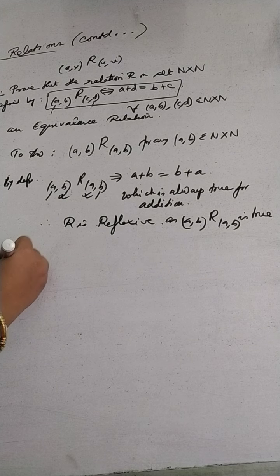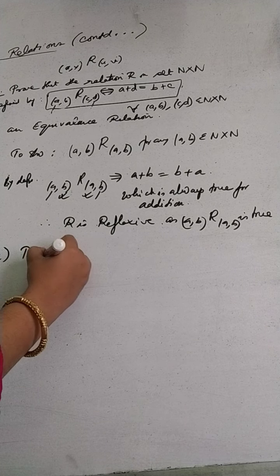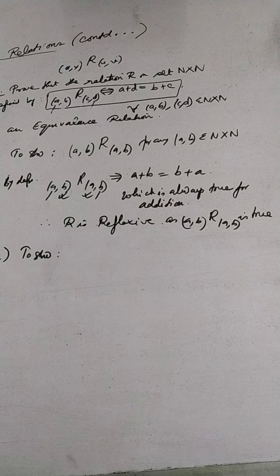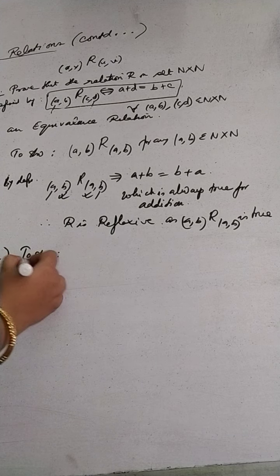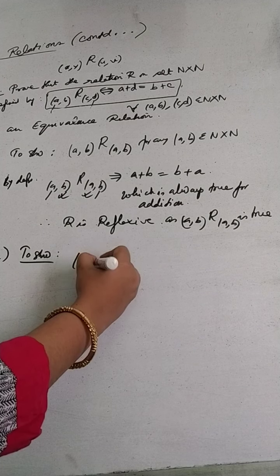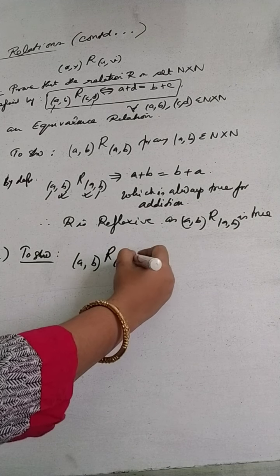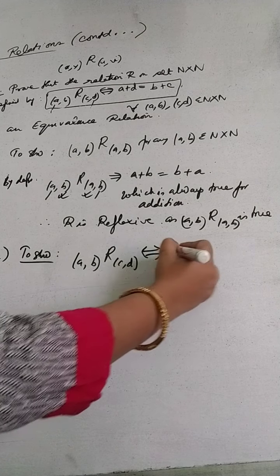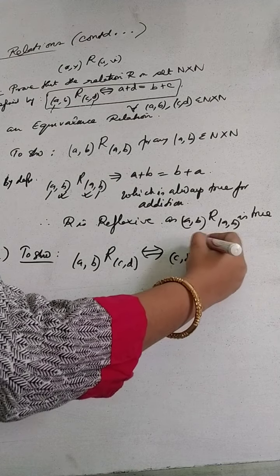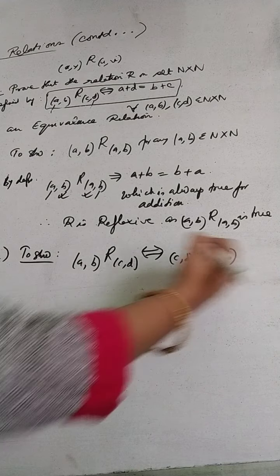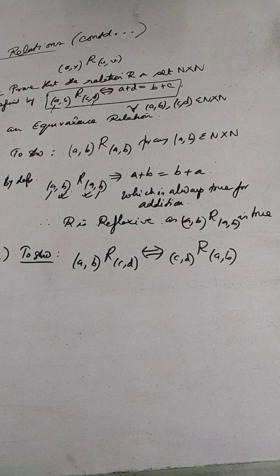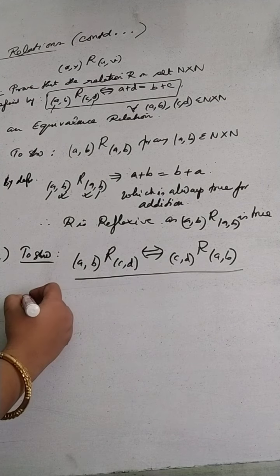Now I will show that R is symmetric. How will I show that R is symmetric? That means I have to show that if I take a pair AB related to CD, then it implies that CD is also related to AB by the same relation that is defined in the question. This is what I have to show. So let me check the left hand side.